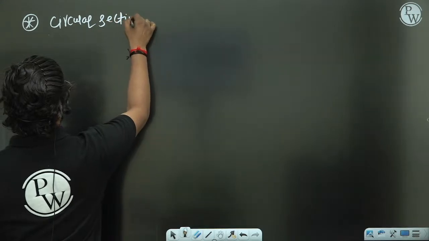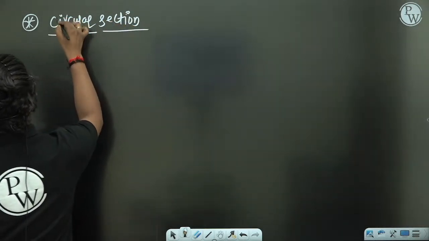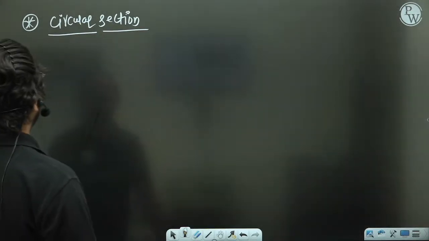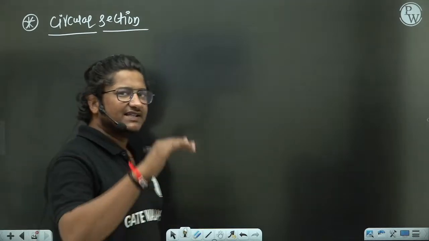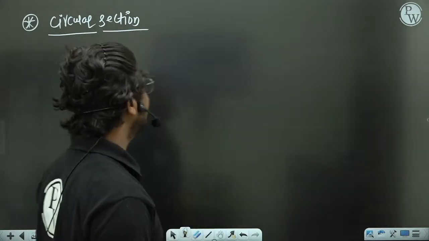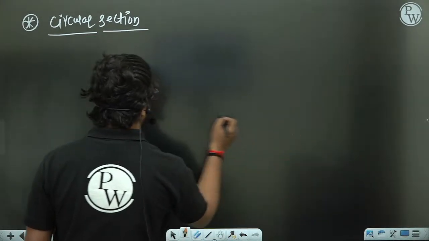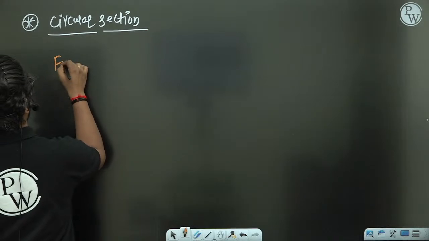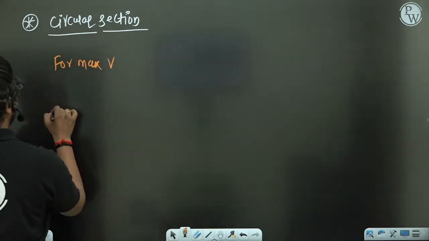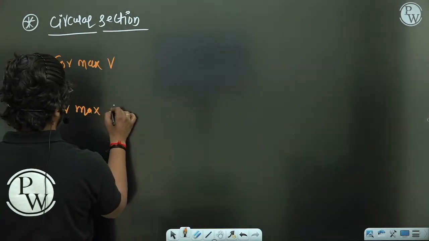For the circular section, as it has a converging boundary, here we have two different conditions which you need to directly write down. For maximum velocity we have a different condition for the hydraulic efficient section, and for maximum discharge we have a different condition.